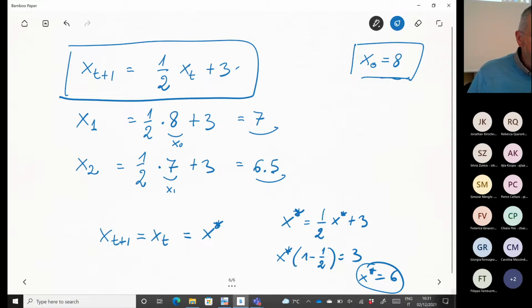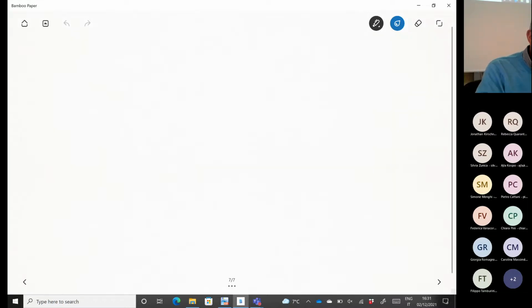Why is that? Go to the solution formula. We know that for this equation, the solution formula will be xt is equal to, remember the formula, x0 minus x star, where x star is b over 1 minus a, okay?